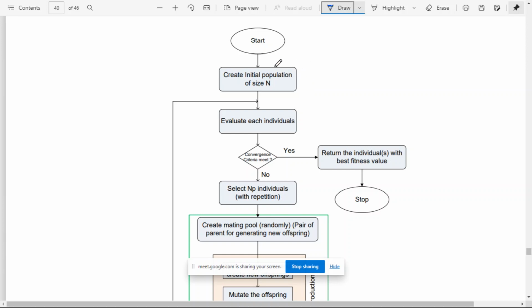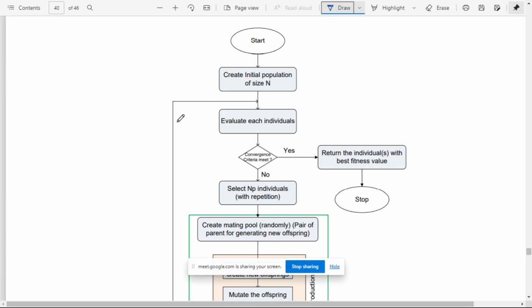If you recall the normal genetic algorithm we discussed in the last lecture, in any genetic algorithm we start with the initial population, then we pick some random individuals, each of which is a solution, and then we check whether the convergence criteria is met or not. If the convergence criteria is not met, then we create new offspring by techniques like crossover, mutation, or inversion, or by involving all these three methods.